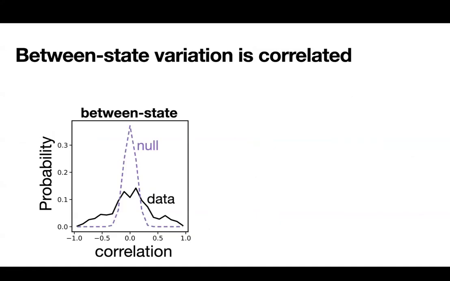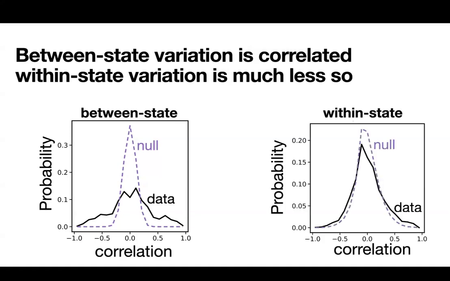And the result is that the between state variation is very correlated across communities, while the within state variation is not correlated. So if we look at the data, how species vary in being in the low abundance versus high abundance state is very correlated. It's significantly more correlated than expected by chance, while the within state variation is not that different from what you expect by chance.